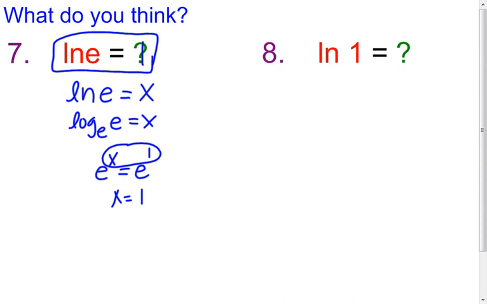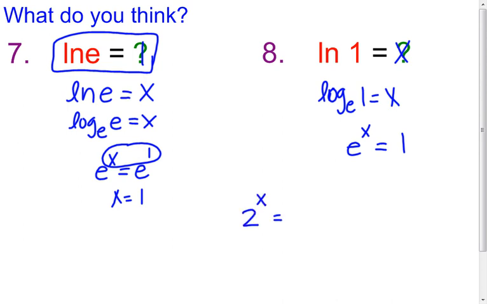Then if I want to know what the natural log of 1 is, again, I'm going to put an x here. The natural log is the same thing as log base e. So e to the x equals 1. I want you to think about this. 2 to the what power is 1? 985 to the what power is 1?